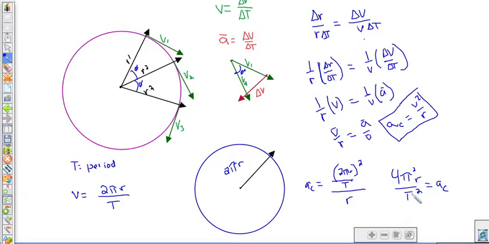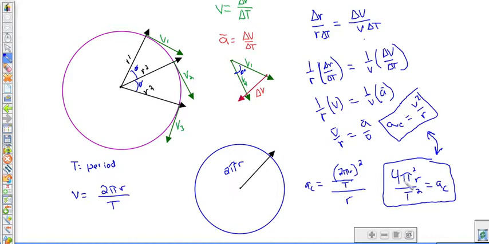Oftentimes you might be given the total time it takes to make a revolution, and this particular equation utilizes aspects of the circle and circular rotation and equates velocity with the time it takes to make a complete revolution. So these two equations are the same thing.